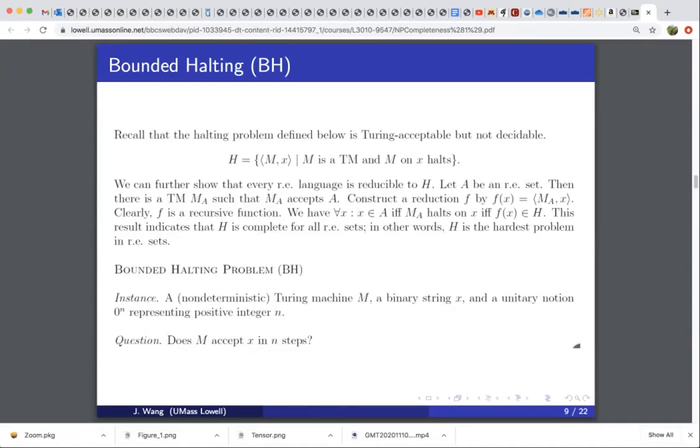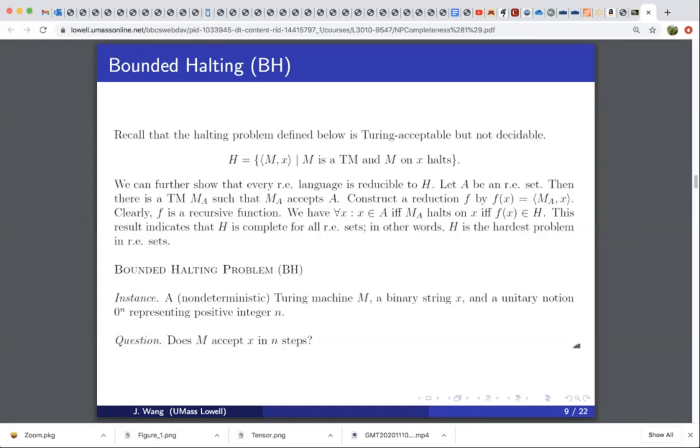So these will be the first set of problems that we are going to show to be NP-complete. I'm going to present a different proof than your textbook, and I think this proof here is easier.